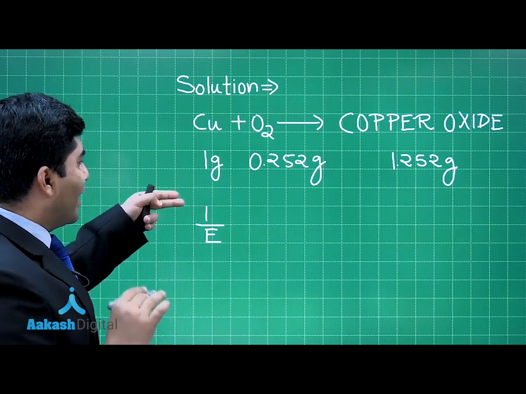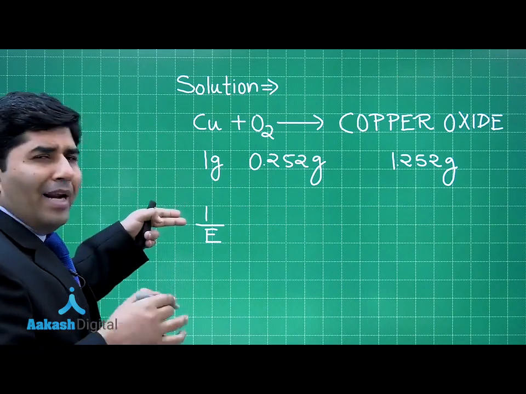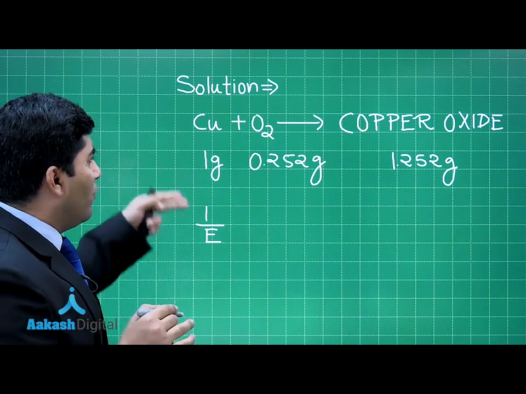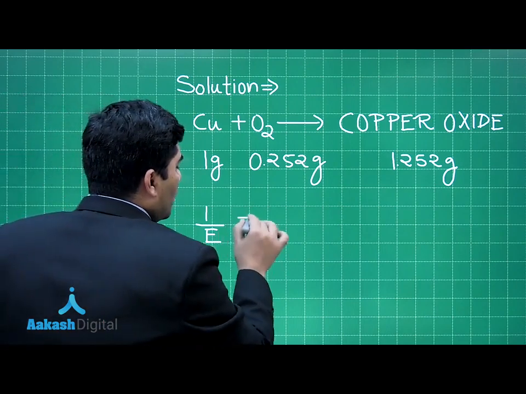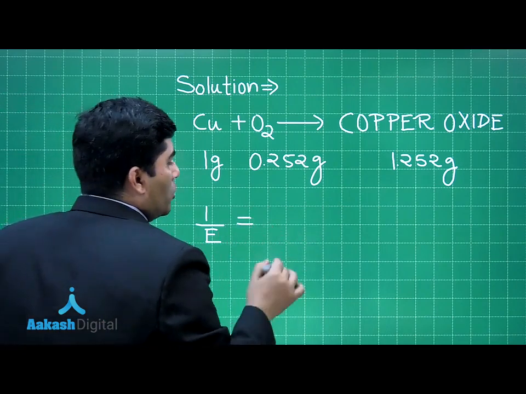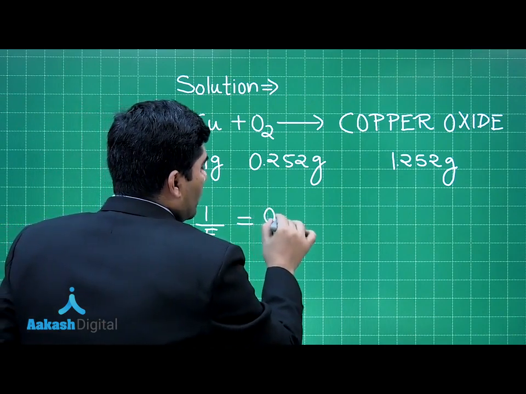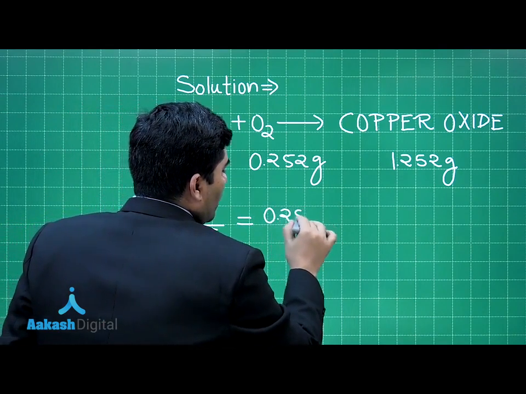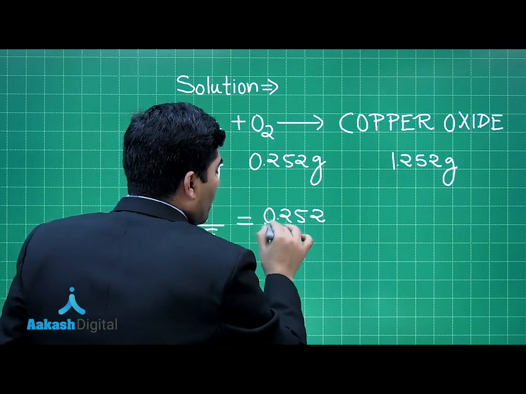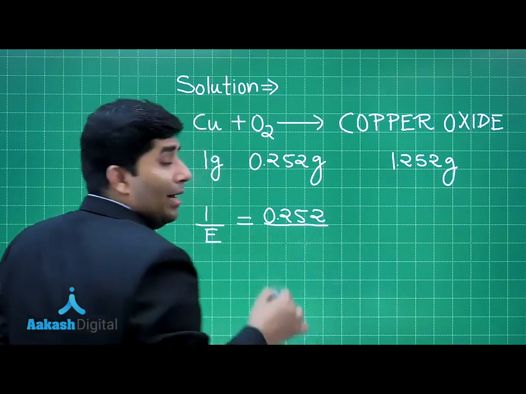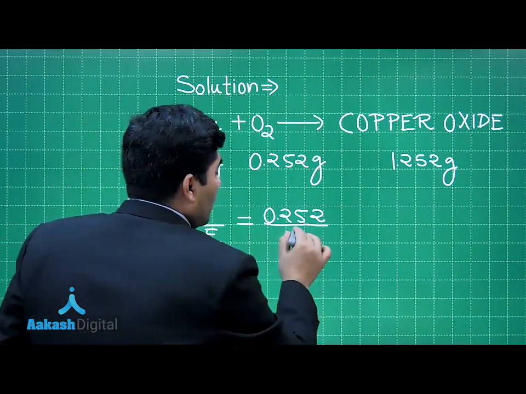Now applying the law of equivalence, 1 is the given weight of the copper, and let's say E is the equivalent weight of the copper, which should be equal to the given weight of the oxygen divided by its equivalent weight.